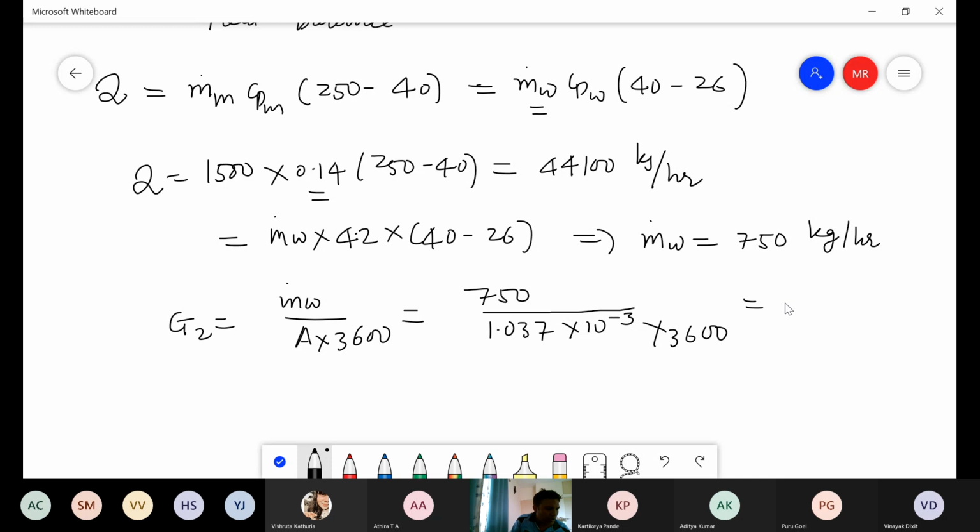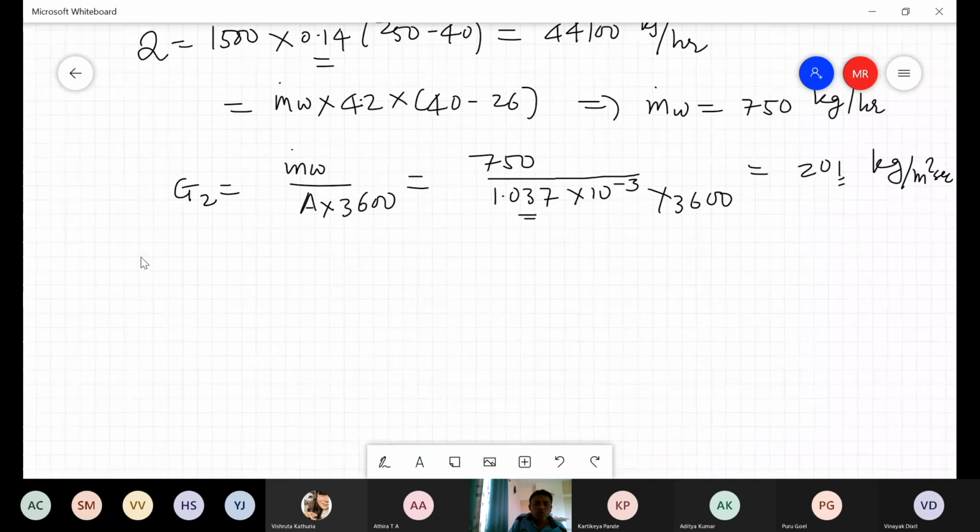So this comes around 201 kg per meter square second. Isn't it 202? It's perfectly all right. This last digit could have some changes, doesn't matter, depending on how accurately the area was calculated.